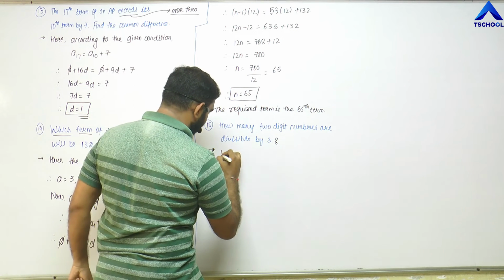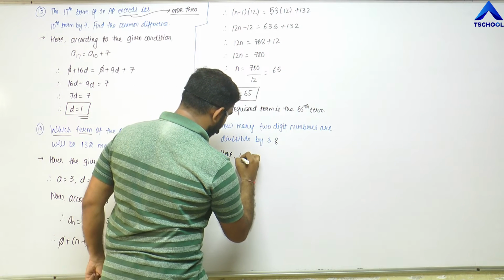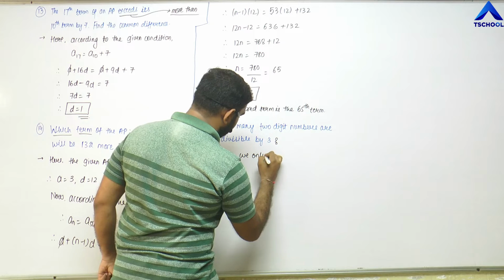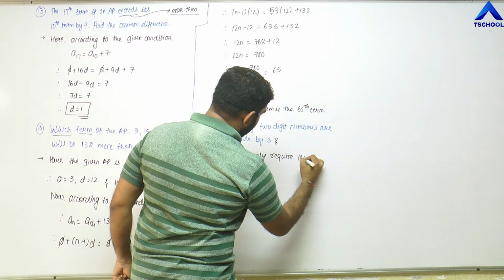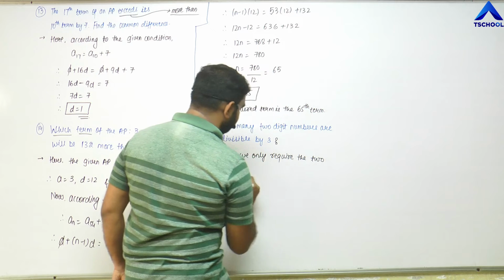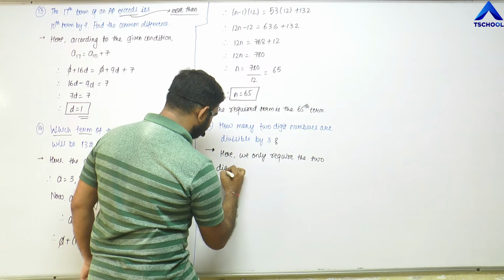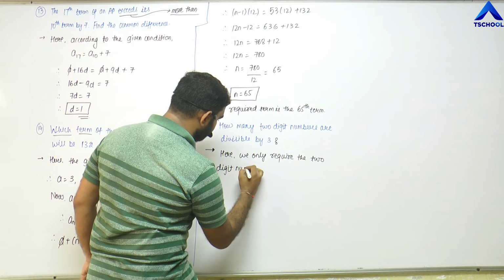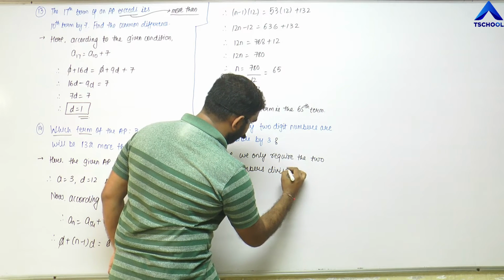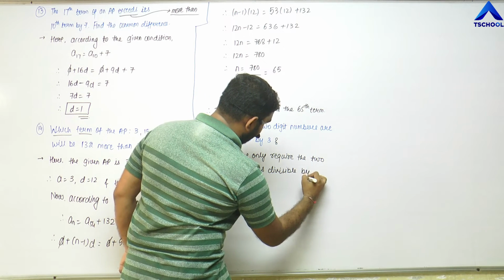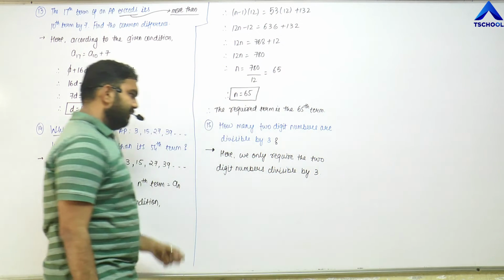So here we only require the two-digit numbers divisible by 3, right?